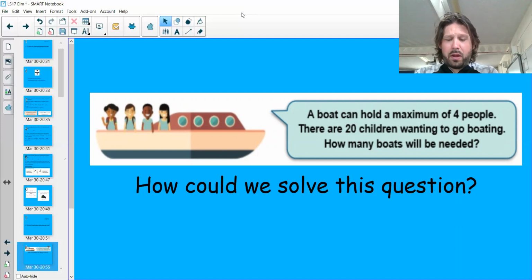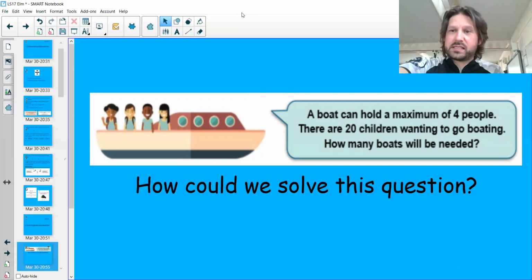6. Oh, you know what? Paper clips are a really bad idea because they stick together. 2, 4, 6, 8, 10, 12, oh my goodness, don't use paper clips. 14, 16, 18, 20.